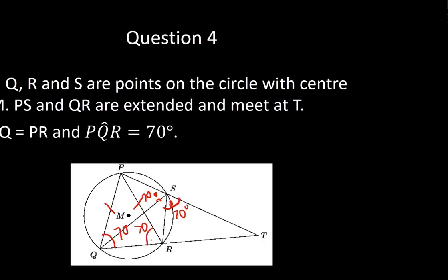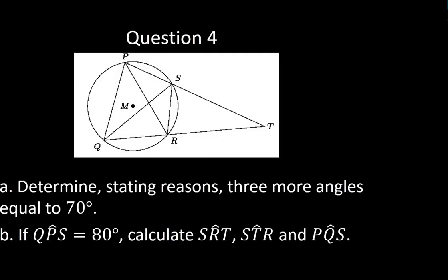Okay, let's have a look at the question, because we've done all of this working. We have a good understanding of what the diagram says. They say state 3 more angles equal to 70 degrees. And guys, we've already done it. Because PQ is equal to PR, and since they told us that angle PQR is 70, that means that angle PRQ is 70 degrees, and that's because of angles opposite equal sides.